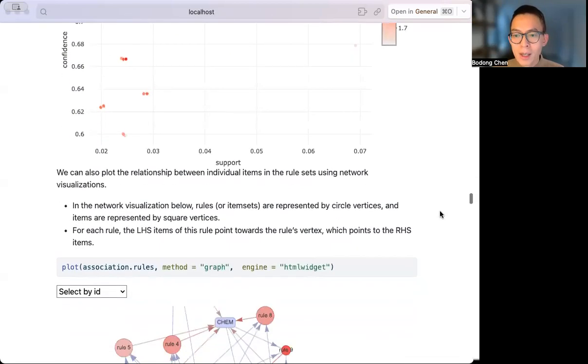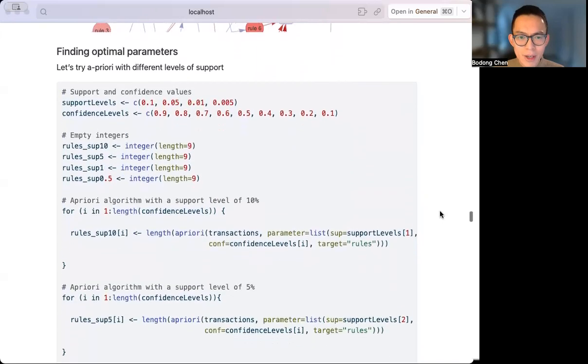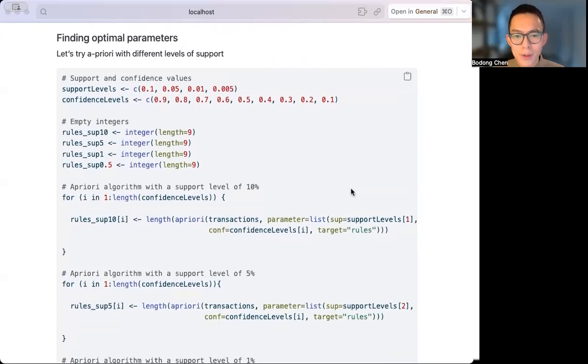And as I mentioned earlier, it's very important to be able to select the best possible parameters for the algorithm.